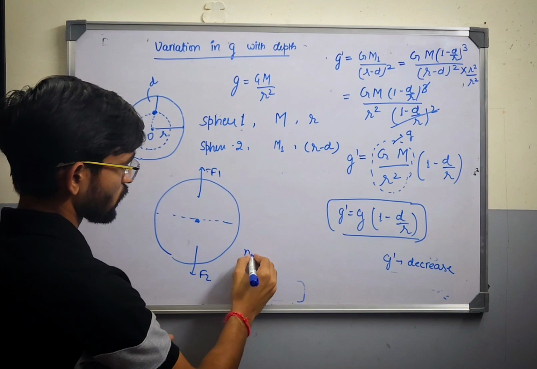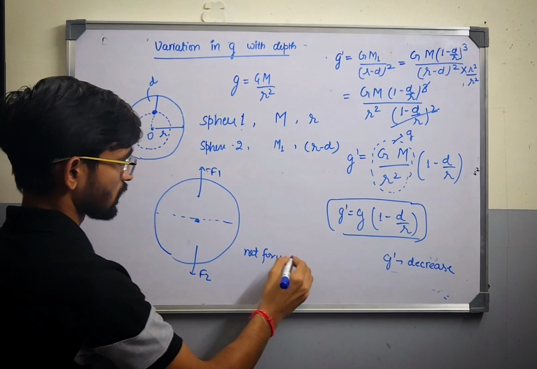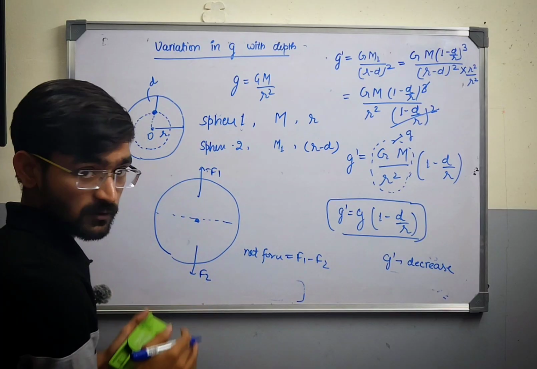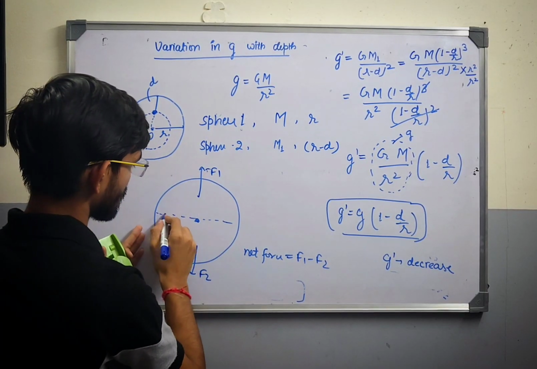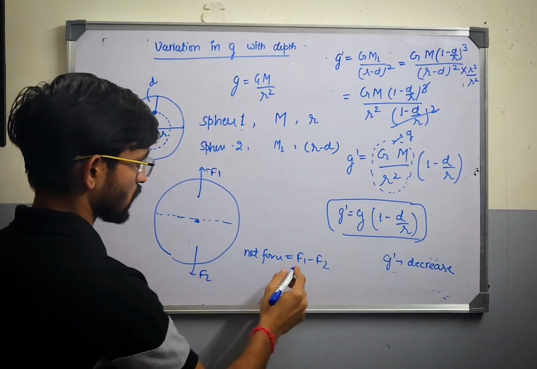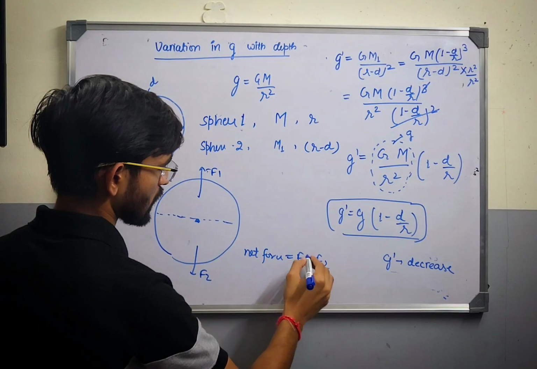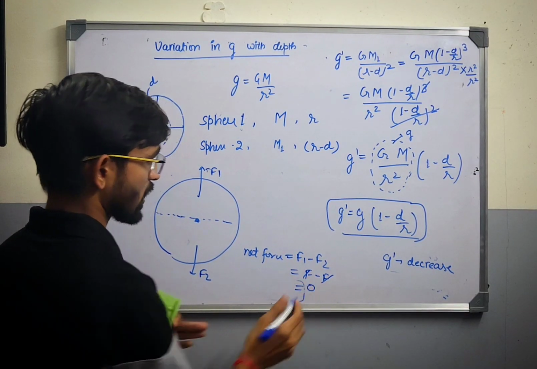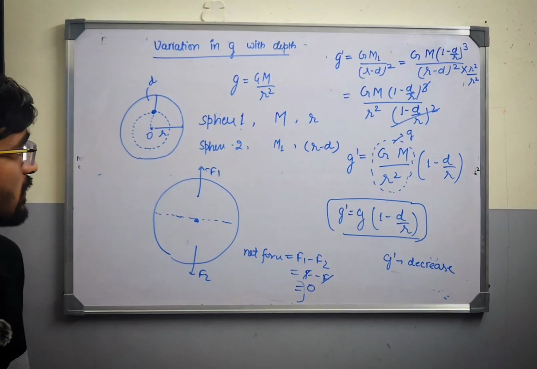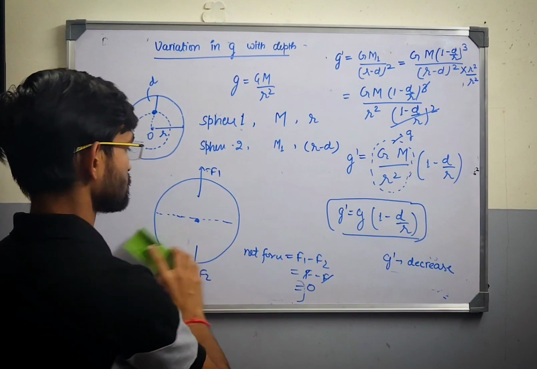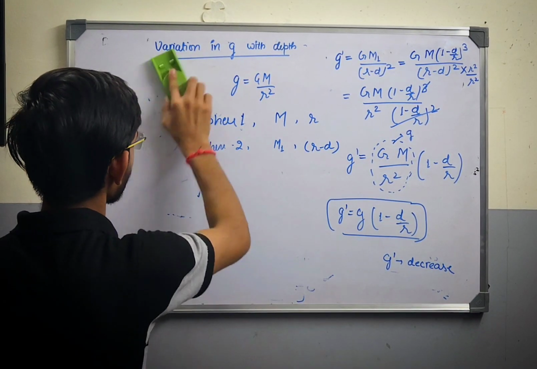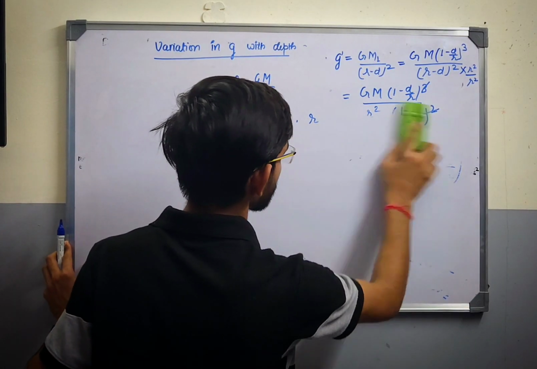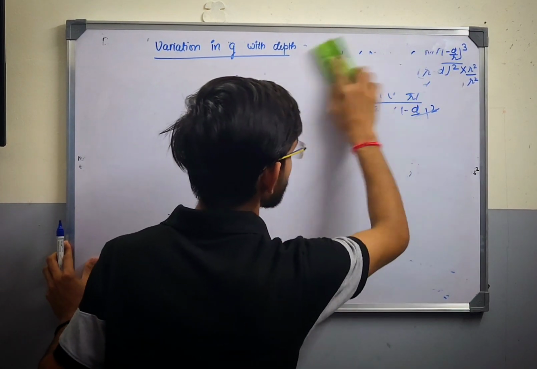So the net force on you will be F1 minus F2, and these forces will be equal because these two parts will be equal. So I can write F1 minus F2, F minus F, this is 0. So the net force on you is 0. That's why the acceleration due to gravity will also be 0. Now we will see some numericals based on these formulas.